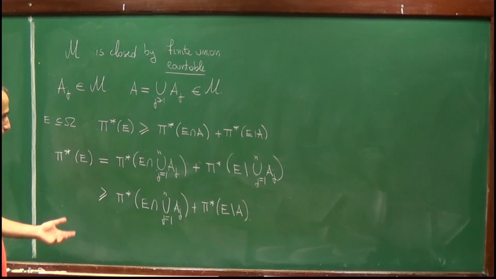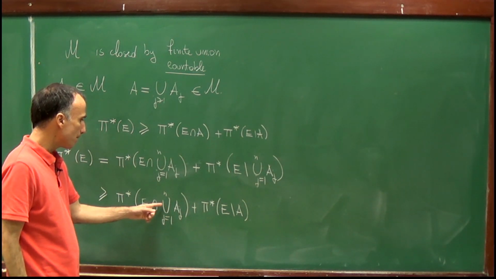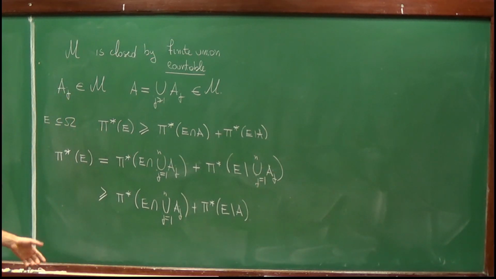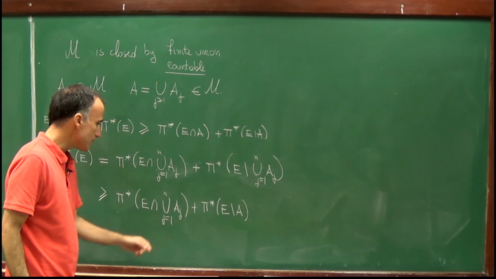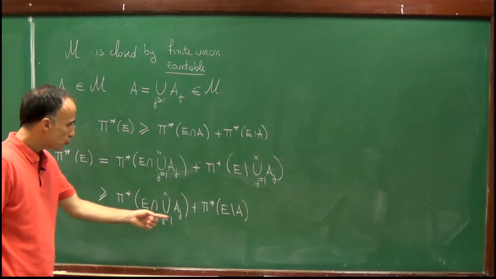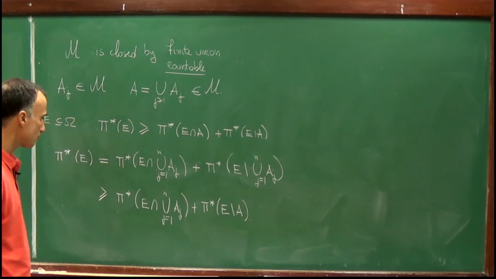And for that, we will use the fact that M is closed by finite union, so that M is an algebra, to redefine this union as a union of finite sets.